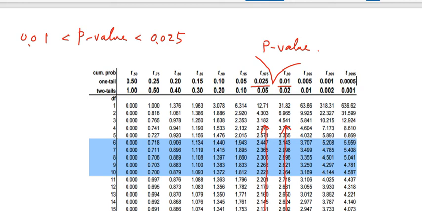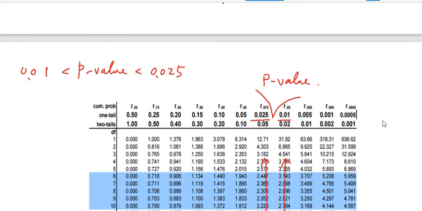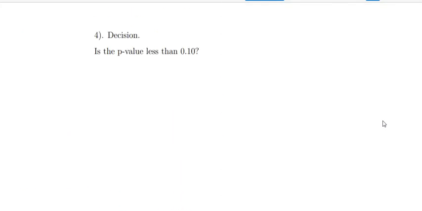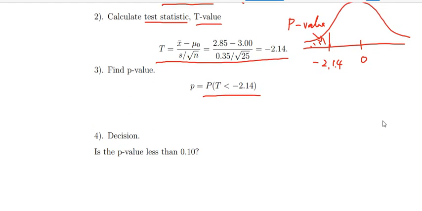But this is enough for us to make our decision. To make our decision, we just need to compare the p-value with alpha. This p-value is between 0.025 and 0.001.